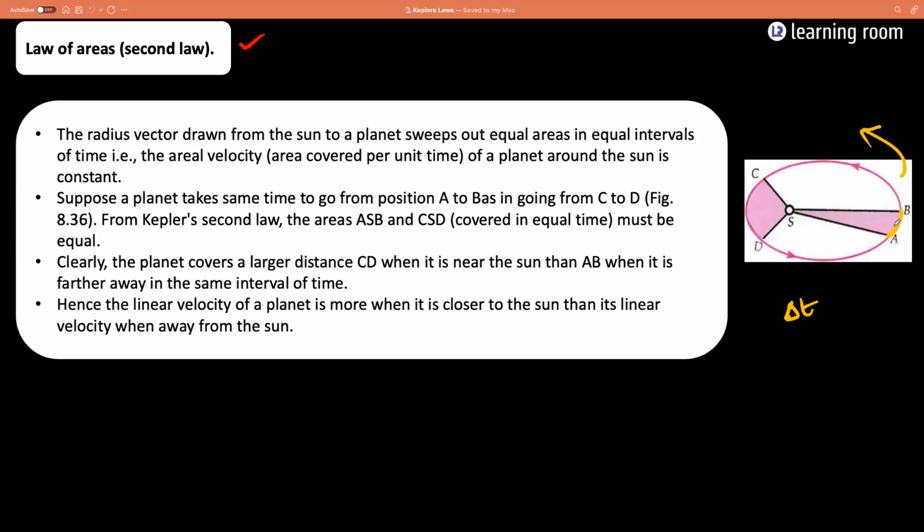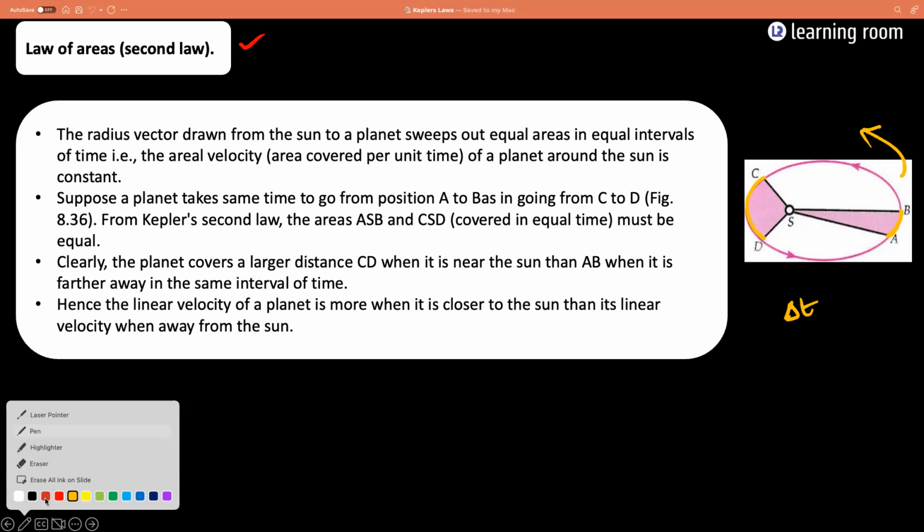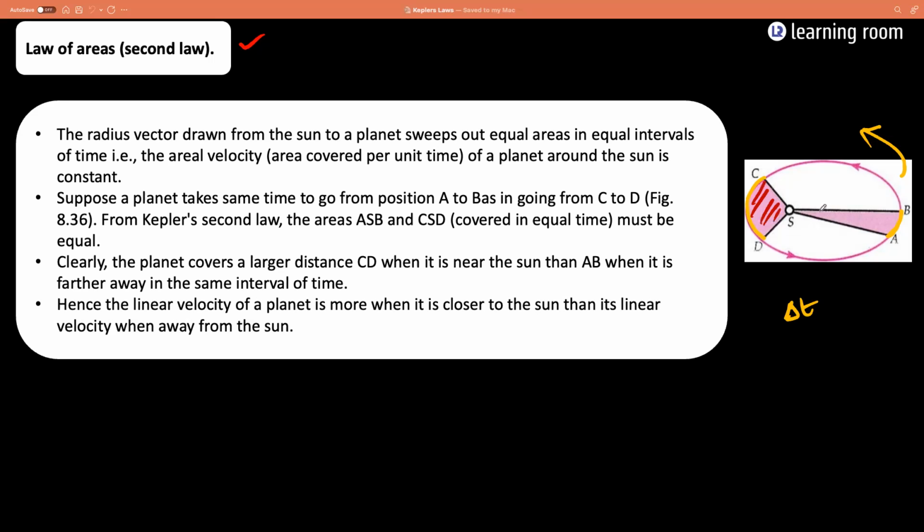In some other region, it has swept from C to D. So you are able to see a particular region swept by it. This is one area, this is another area. If the planet has traveled from A to B in time delta t, or C to D in the same time delta t, then the radius vector has covered areas whose magnitudes will be the same. Is that point clear?